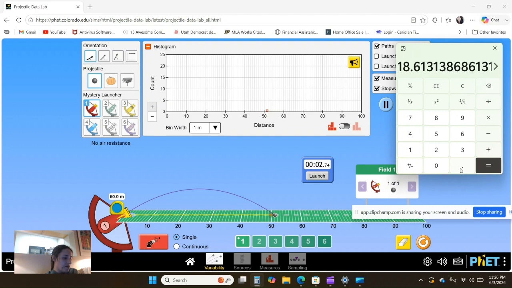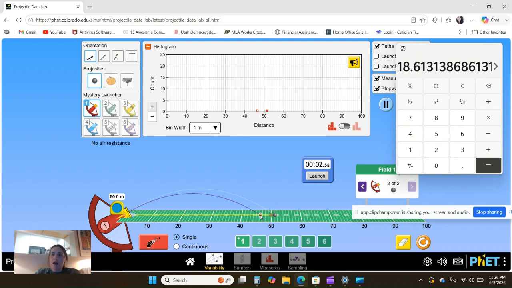For the second velocity, I'm going to use the same formula. So I'm going to launch the second projectile. For the second projectile, there's 50 meters, so 49, 48, 47. I would say it's 46.5.